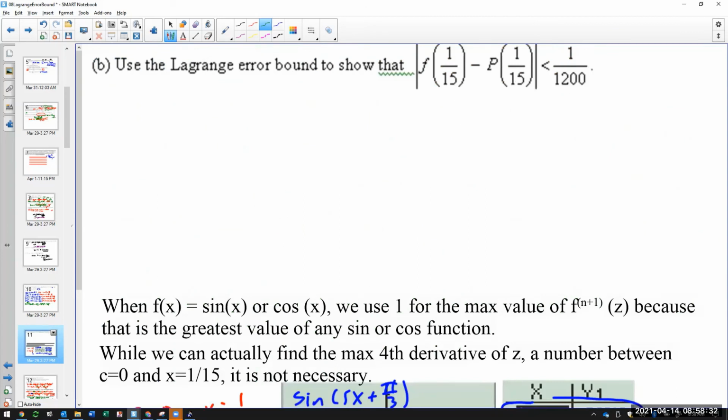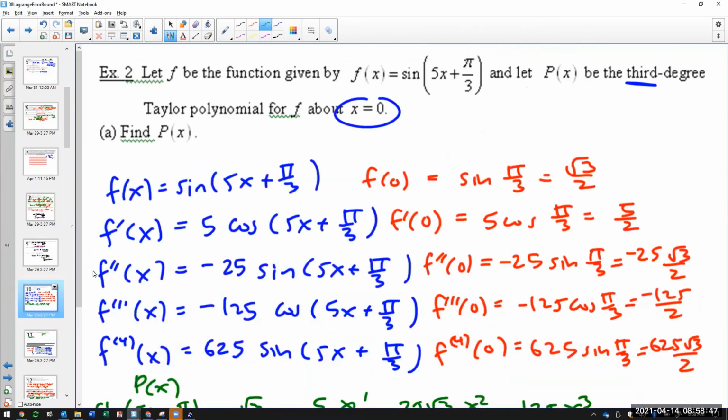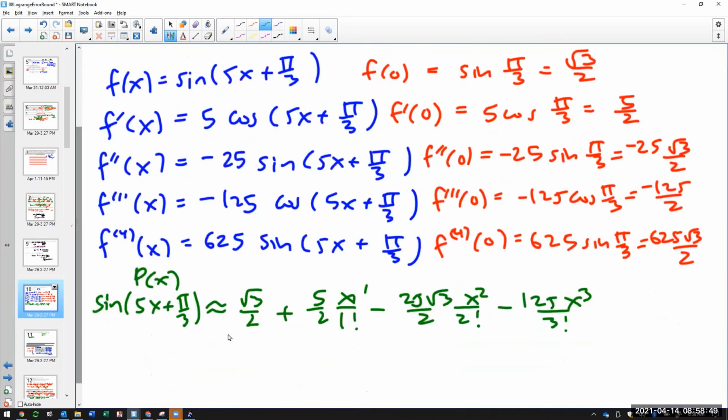That's what they're saying. Do you understand that this right here is the error? They're saying show me that this error is less than 1200. All right, so if this is an alternating series, you just go to the next term. Is this an alternating series that converges? It has to be an alternating series that converges. Do you guys see it's not even an alternating series?